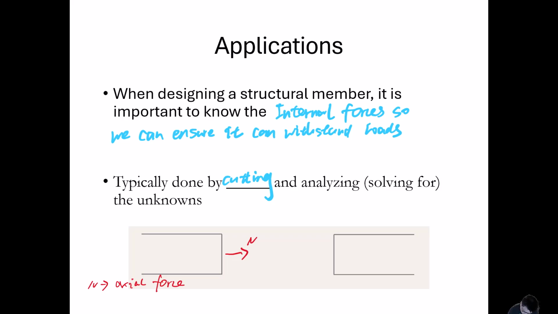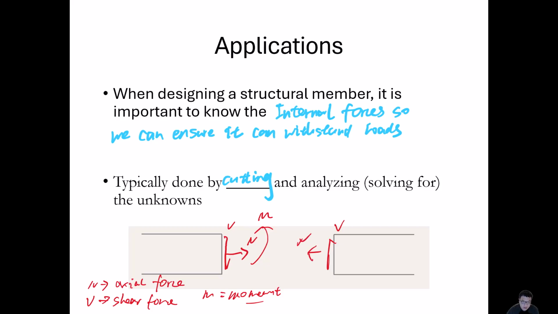It also has the shear, which we call V, a force pushing the beam up or down, and it also has a moment. So each cross section has three forces, and on the two cross sections, the forces are in different directions.